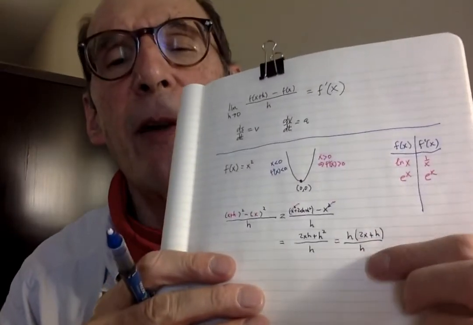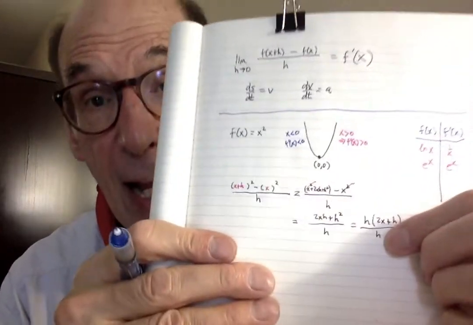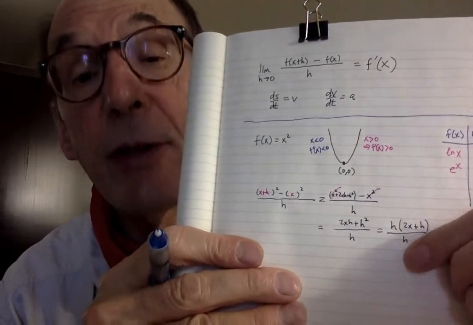Now comes the fun part. Oh, this has been fun all along. Don't give me that. The fun part is, remember, h is near 0, but not at 0. And so the h's cancel. Boom. This happens every time unless you've made an algebra mistake. So the h's cancel. And what we're left with is, I'm going to write it big, 2x plus h.